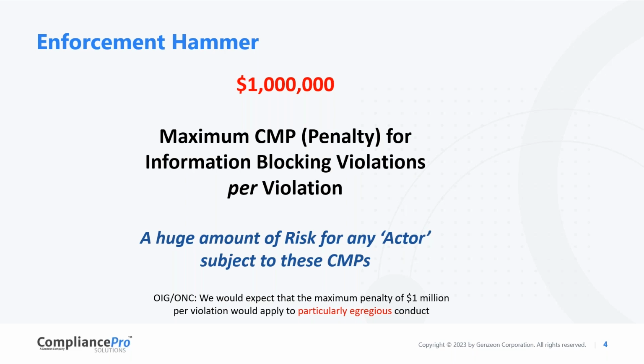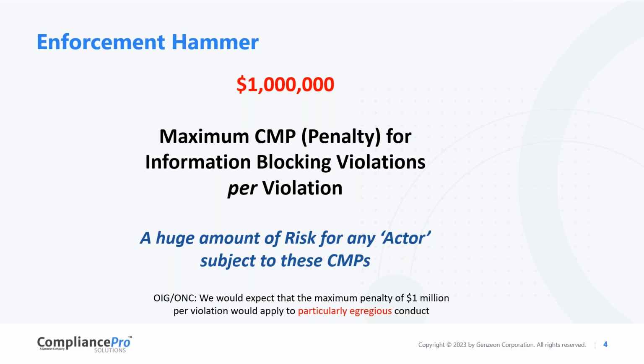So the enforcement hammer, how about $1 million per violation? Does that get your attention? Well, it's actually for any actor that is subject to these civil monetary penalties, or CMPs, as we'll call it, and they call it. And it really isn't for just the Joe average provider of care. So the $1 million per violation is more specific in what it applies to.